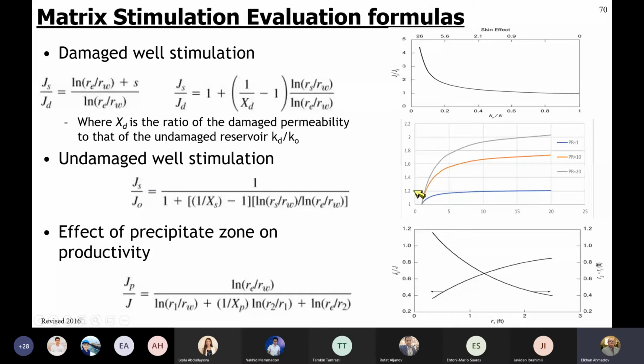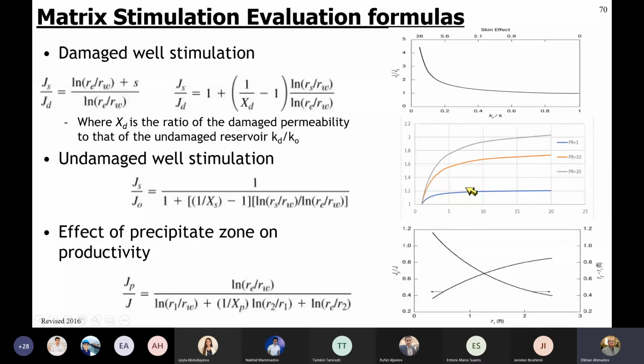Those are the results with the different penetration rates, when the penetration is 20 foot, 10 foot, and 1 foot of the acid, and those are the results that we can see from the non-damaged well.